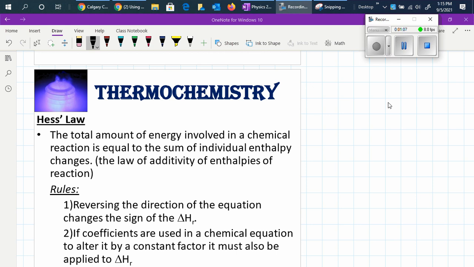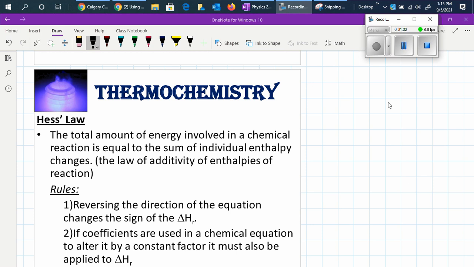He was saying that if 2 or more thermochemical equations are added to give a final equation, then the enthalpies can be added to give the enthalpy for the final equation.